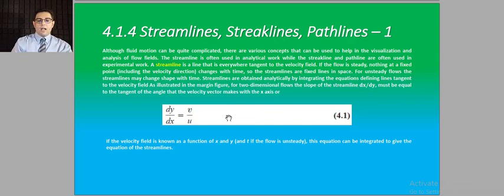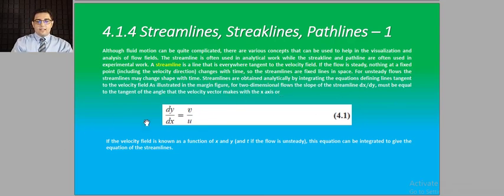There is a definition for streamlines, that velocity vectors have to obey this equation, which means the tangent of the velocity field, defined as v, the y component of the velocity, divided by the x component of the velocity, which is u.